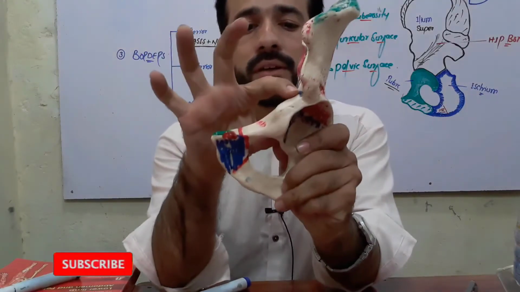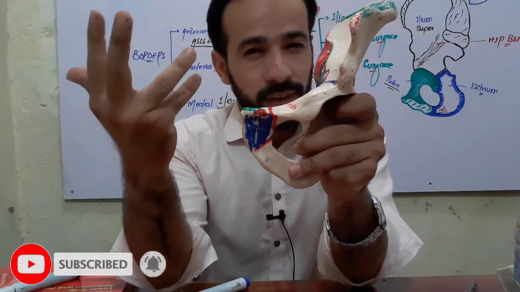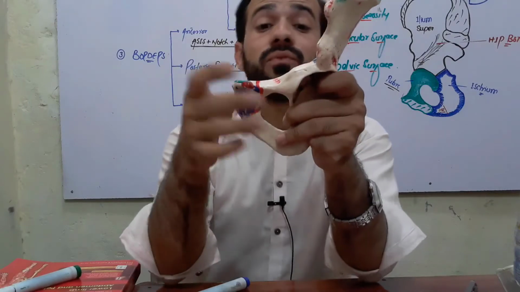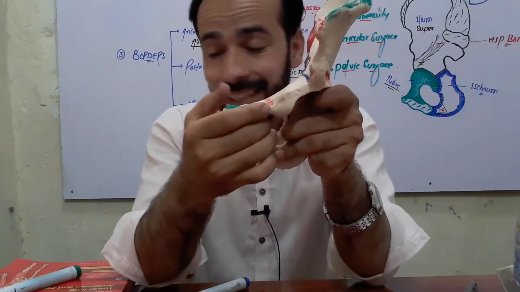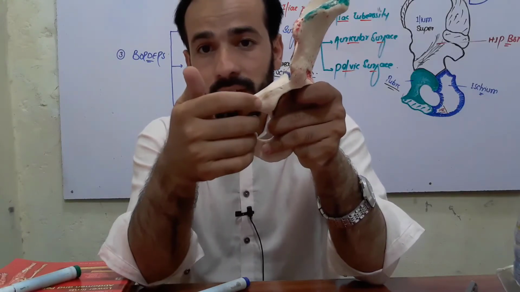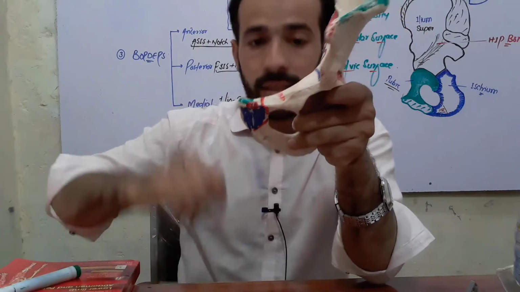Then there was the superior ramus, right? The superior ramus of the pubic bone has borders and surfaces. So what are those? The first border is the superior border, which I will color with blue color.